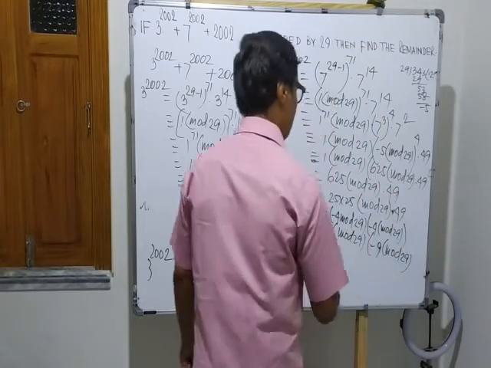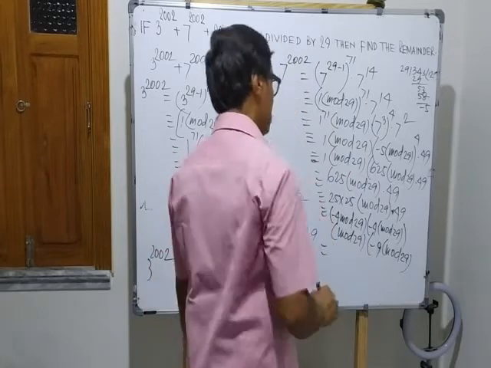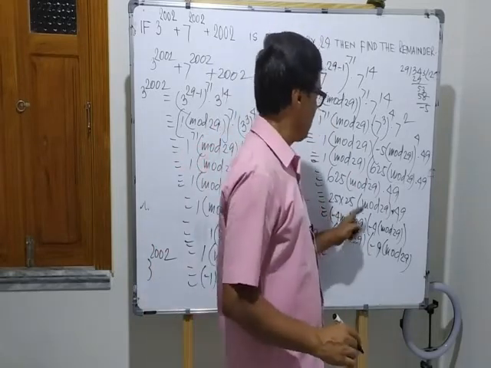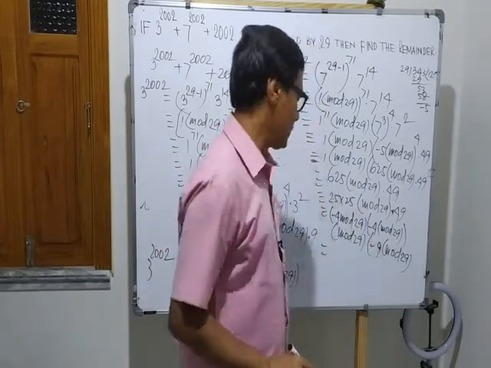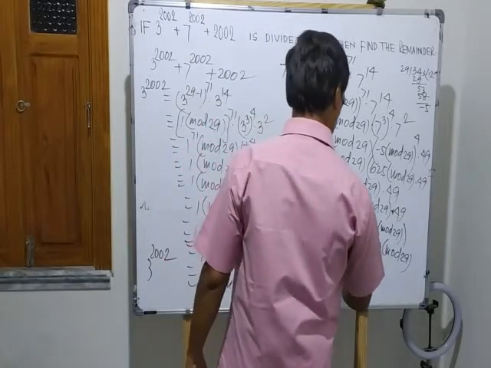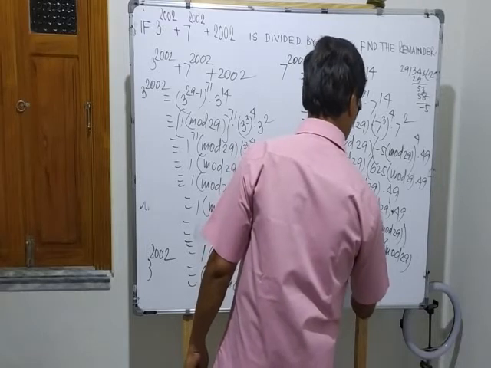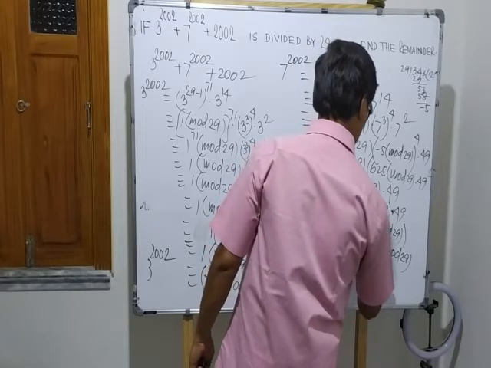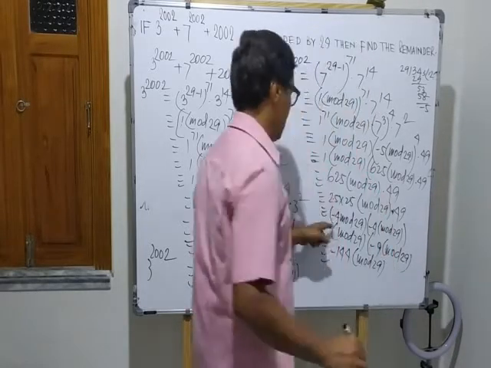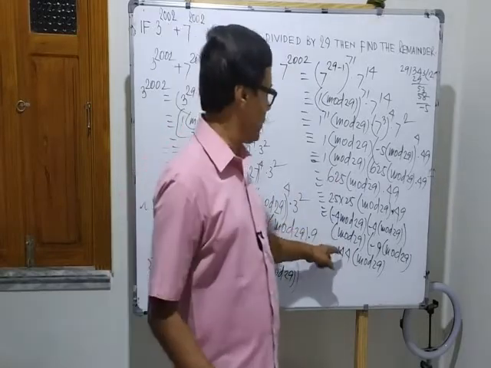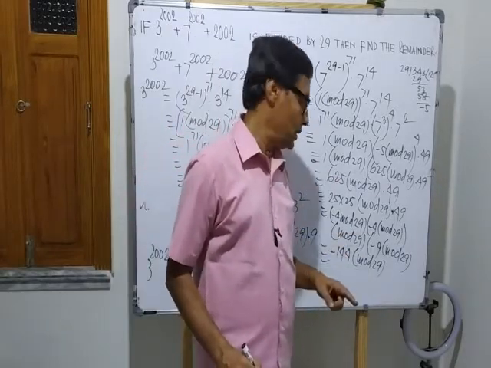So this is equal to minus 4 minus 4 minus 9, which is minus 144 modulo 29.